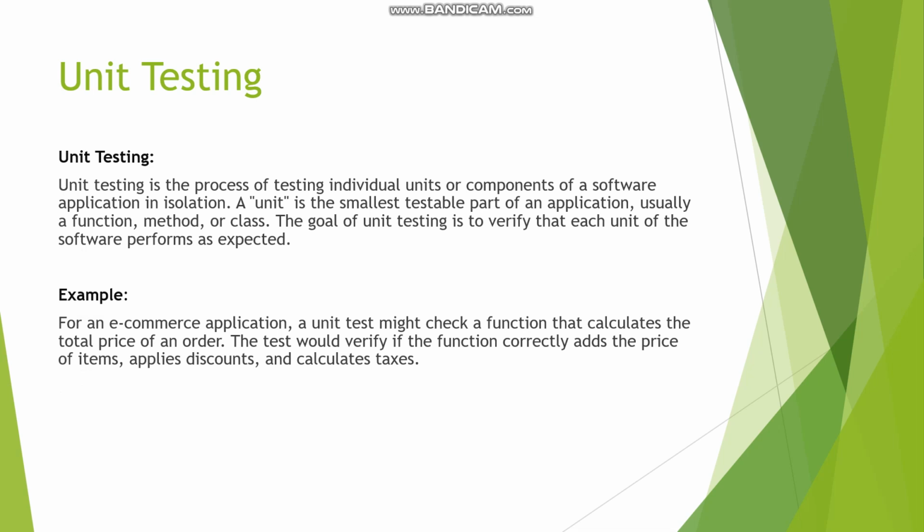Whatever code is written by the developers, that code testing is called unit testing. For example, in an e-commerce application, a unit test might check a function that calculates the total price of the order. The test would verify if the function correctly adds the price of items, applies discounts, and calculates taxes. So this is nothing but unit testing.